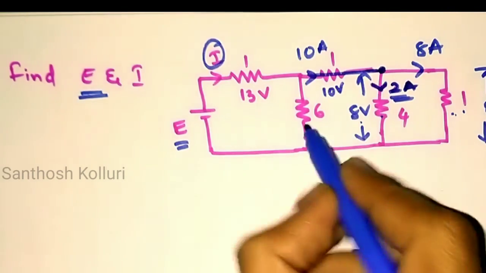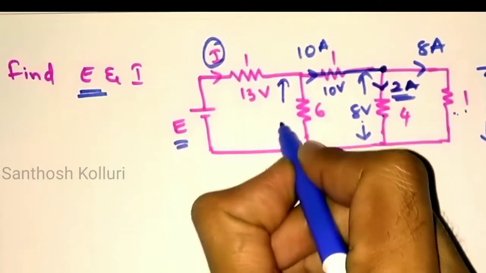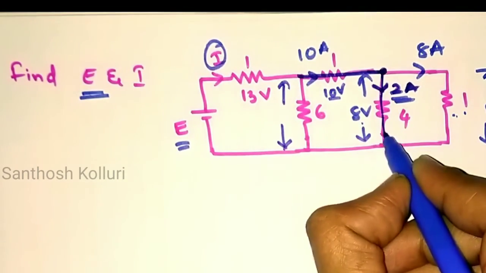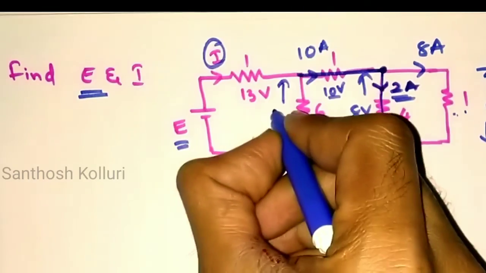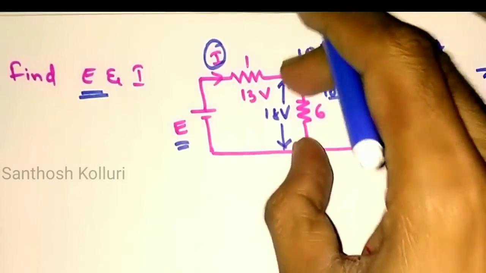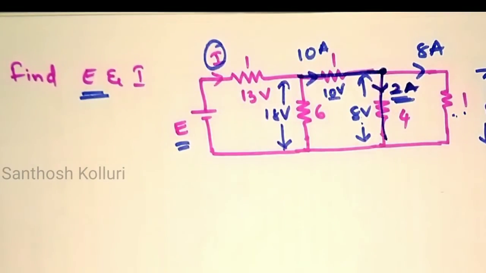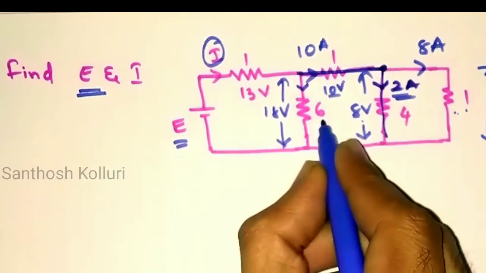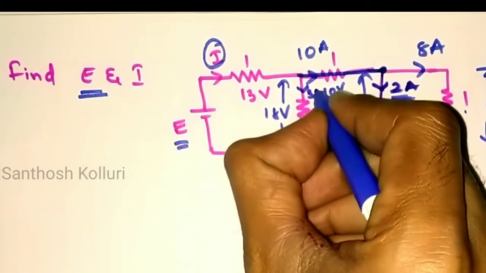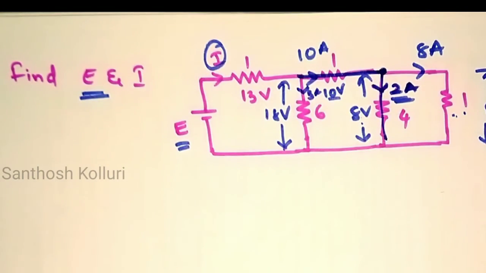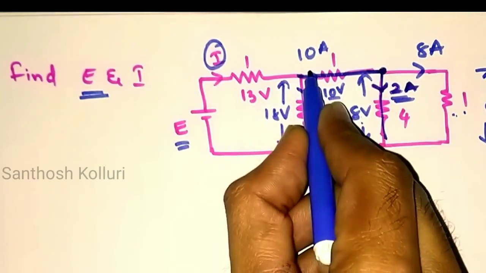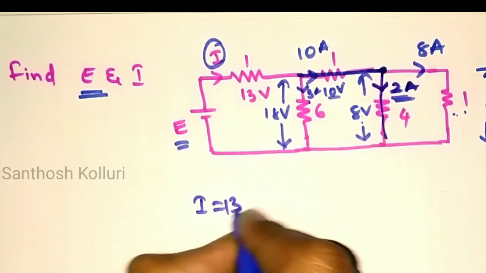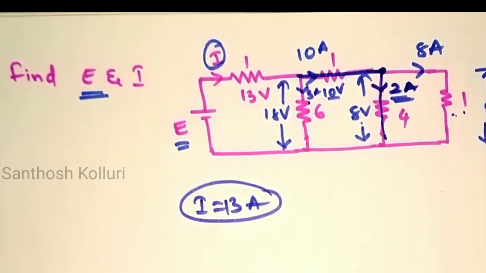Here the summation of this drop, 10 volts plus 8 volts, is nothing but 18 volts, which should exist across this branch. So 18 volts is there, so I can calculate the current, 18 by 6, that means 3 amperes. 3 amperes plus 10 amperes is equal to 13 amperes. So my current I is equal to 13 amperes.